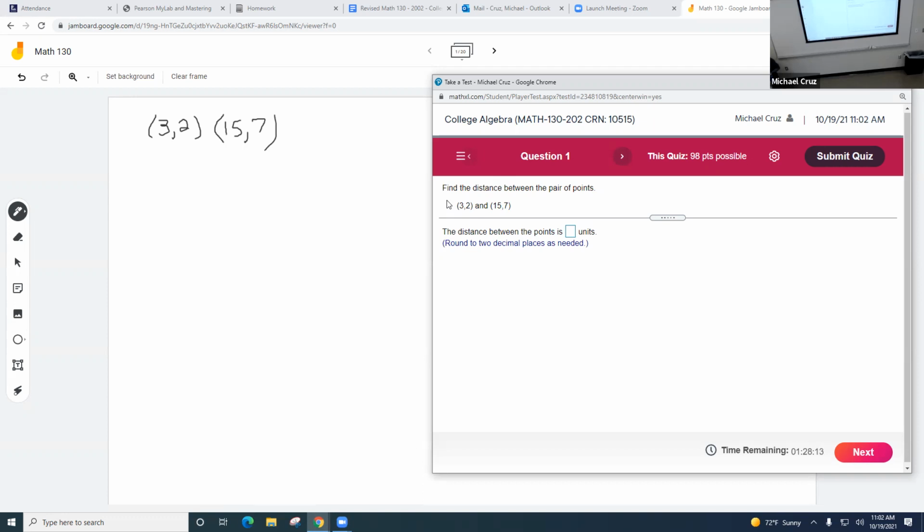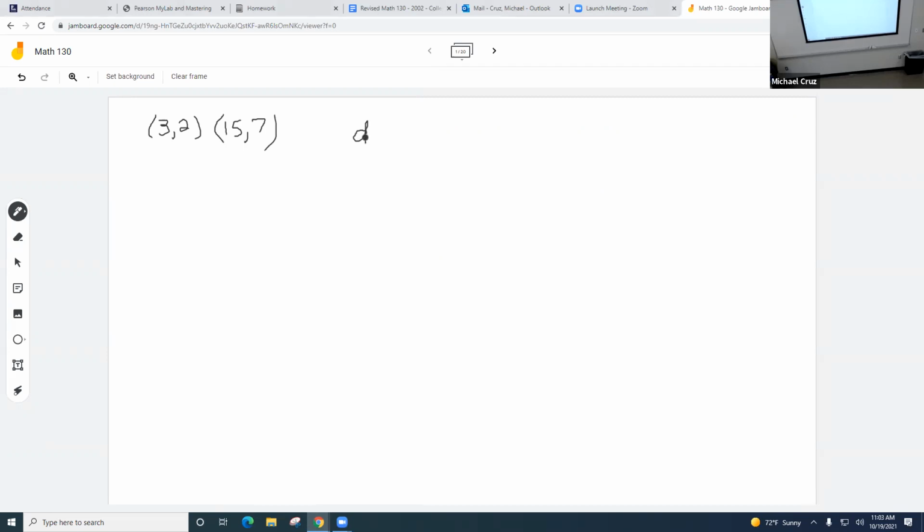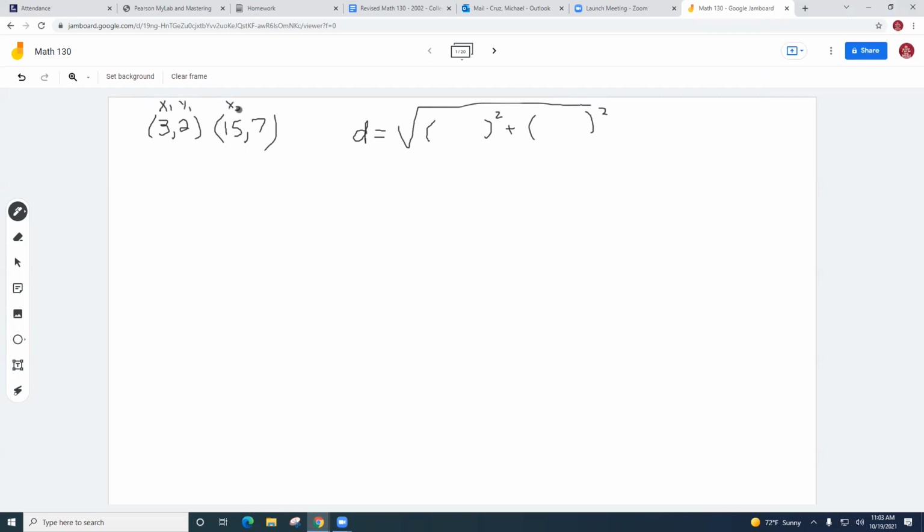So what it is, D is equal to the square root of the difference between the x's, plus the difference between the y's. You can mark them if you like. That kind of helps me. Yeah, I do that too, because I'll mix them up otherwise if I'm in a rush.